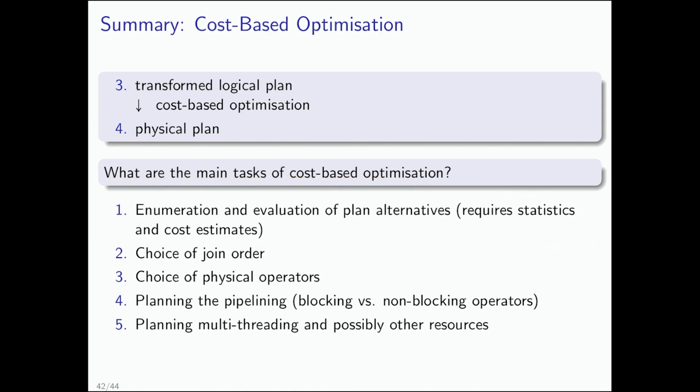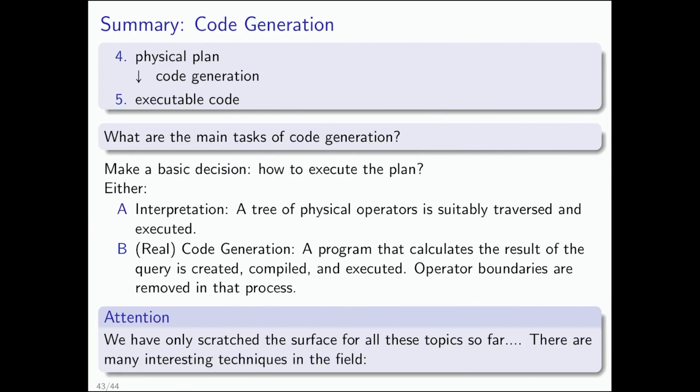You can make decisions on the join order and on the physical operators, the algorithms being used. You can worry about how to pipeline data, blocking versus non-blocking operators, and plan multi-threading and so forth. So there are many options you can consider during planning.